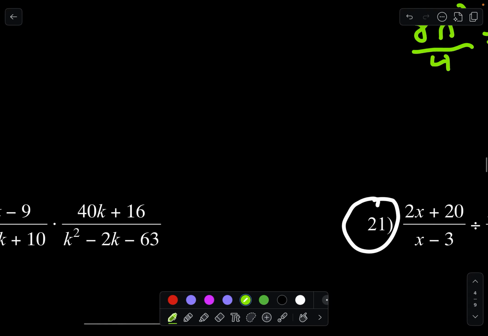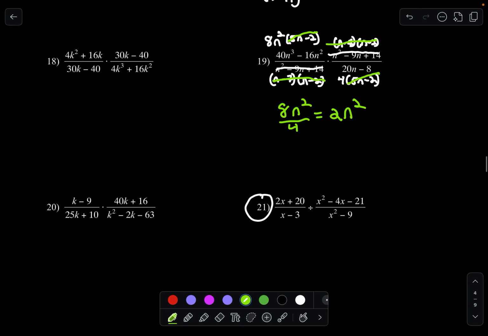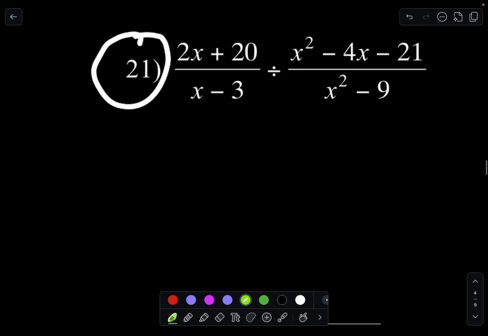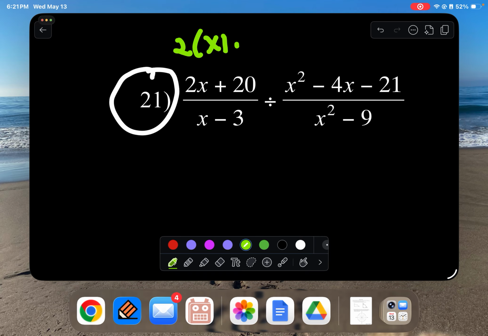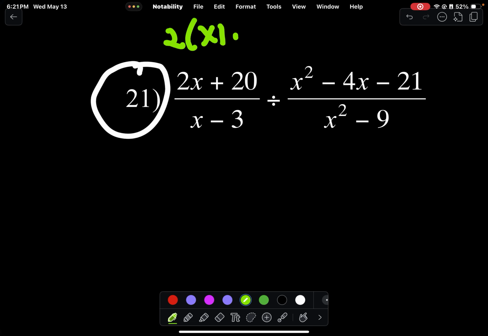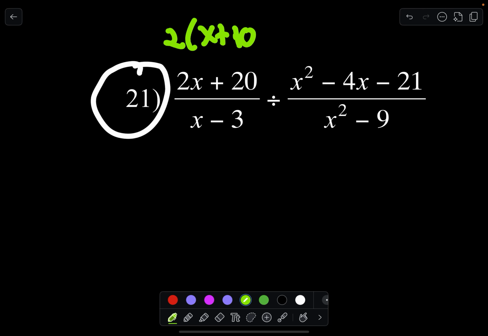Okay, 21. Let me make sure that I'm not skipping. Yep, 21 is division. So we still factor everything. 2x plus 10, like that. We got x minus 3.